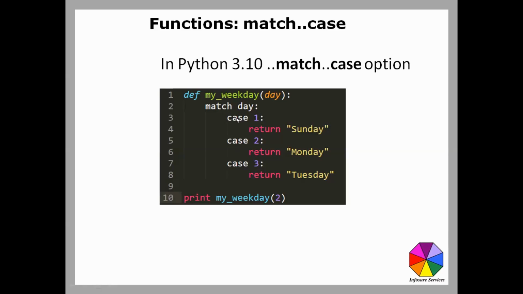Instead of using if, elif, else, you can use this match case. And when you print my weekday of 2, it will return Monday. Okay, so is this clear? Match case.